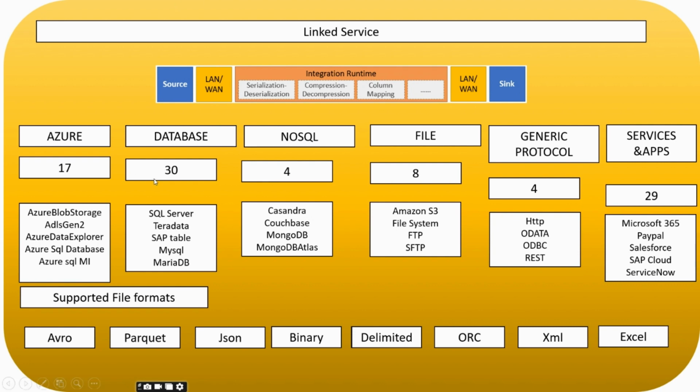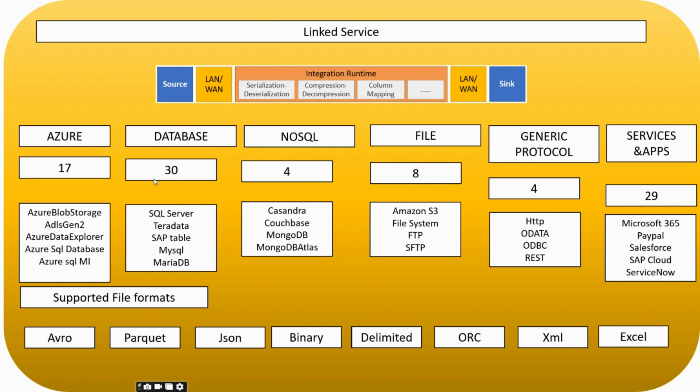So coming to types and categories and availability of connection stores. We should be aware of these kinds of stuff. As of today, ADF has a lot of predefined connections to different connection stores.